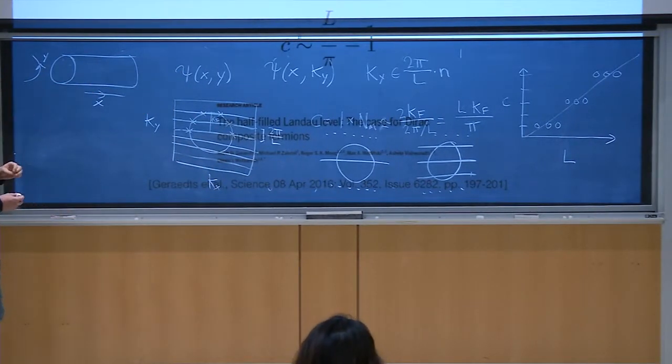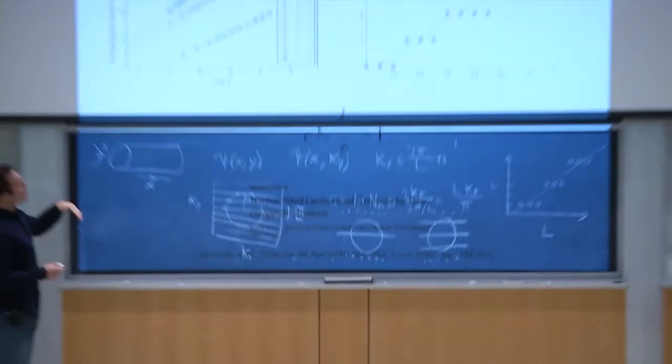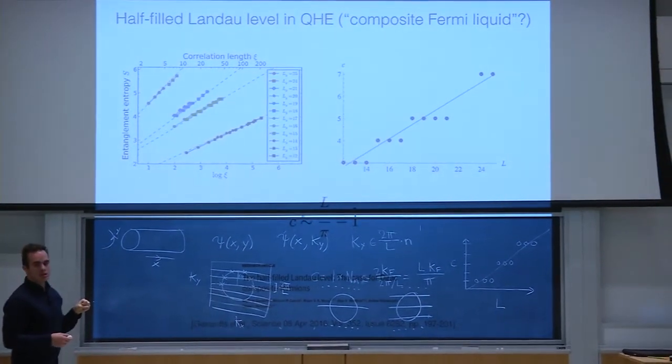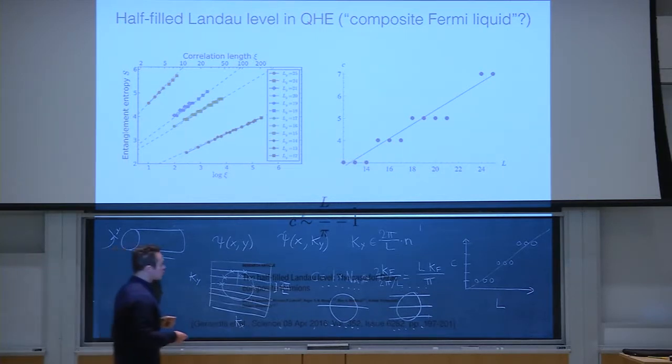If you look at this data, we see that it's already violated on the first count. The central charges that are showing up are 3, 4, 5. If we had done more data, you'd see 6 and 7. So we're actually seeing both odd and even central charge.